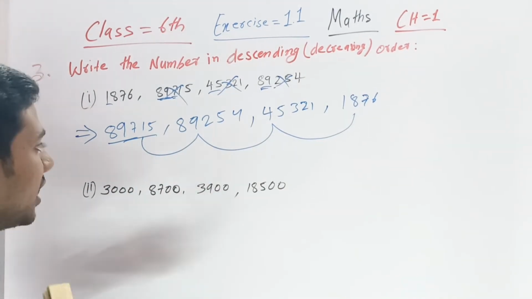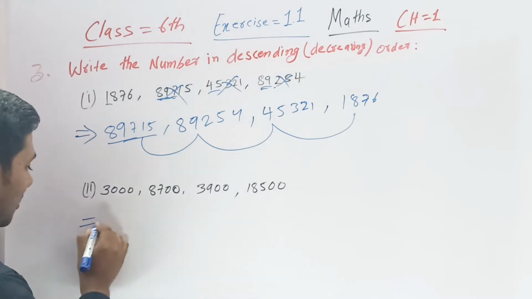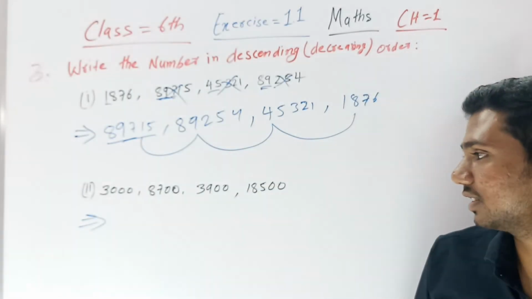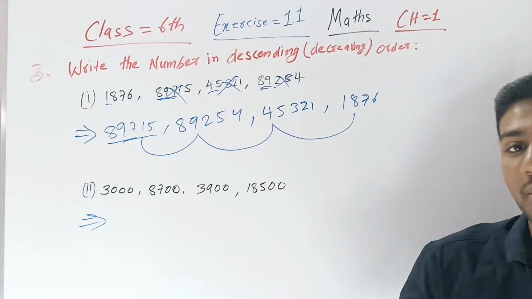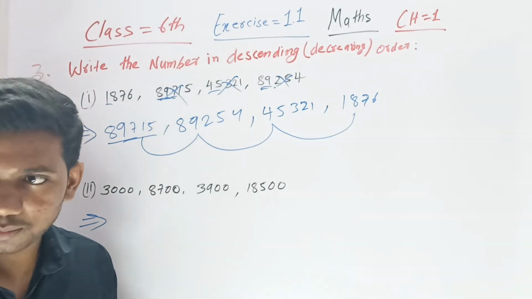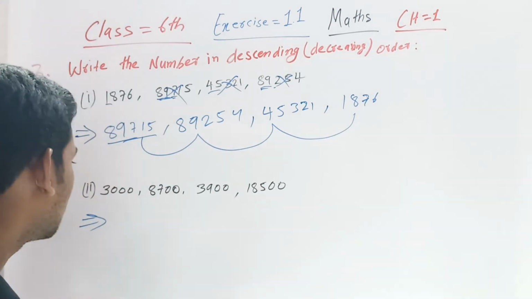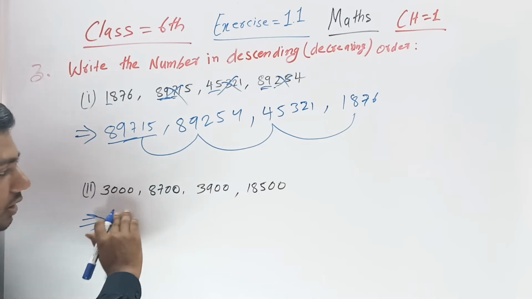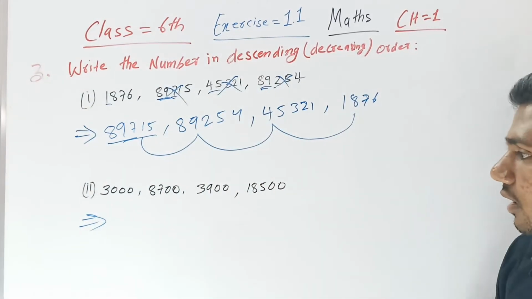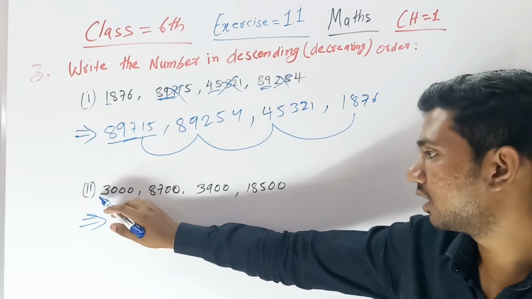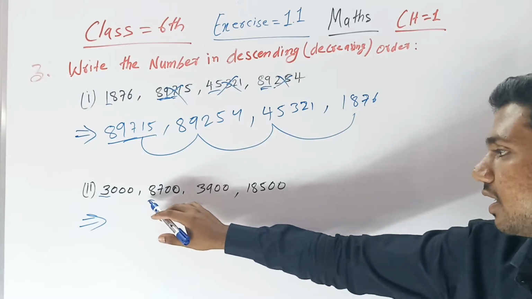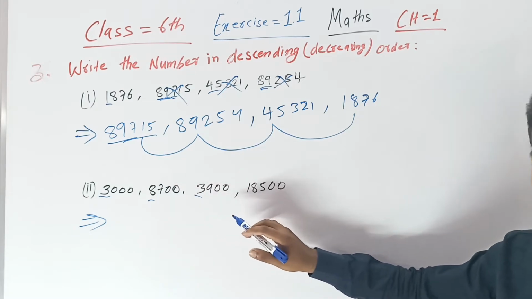All right, so now see that. First of all, you catch here, then after talk. Tell me, which number is coming here? It's 3,000, it's 800, it's 8,000, 3,000.